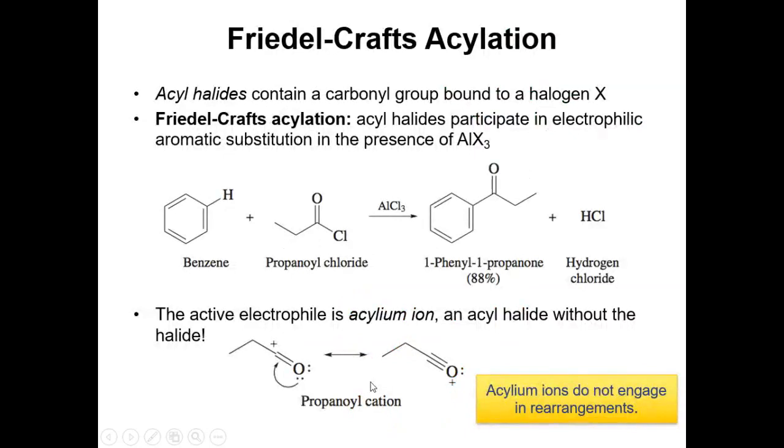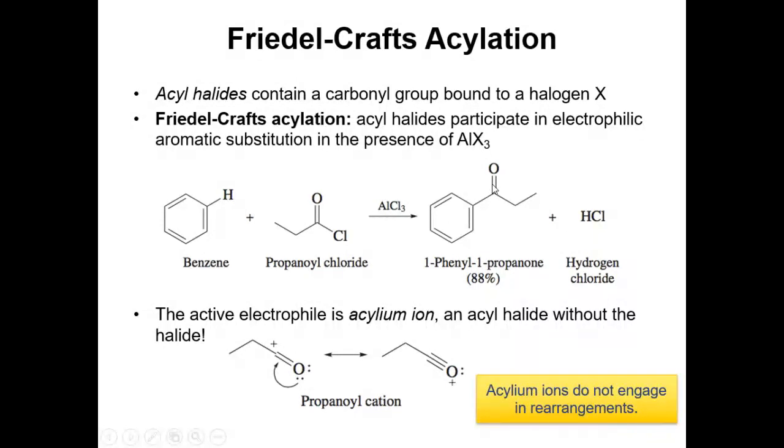If you look at the product of the Friedel-Crafts acylation reaction, it is an aromatic ring connected to the carbonyl group, then connected to the rest of the alkyl group. So this compound we call an aromatic ketone. What is a ketone?